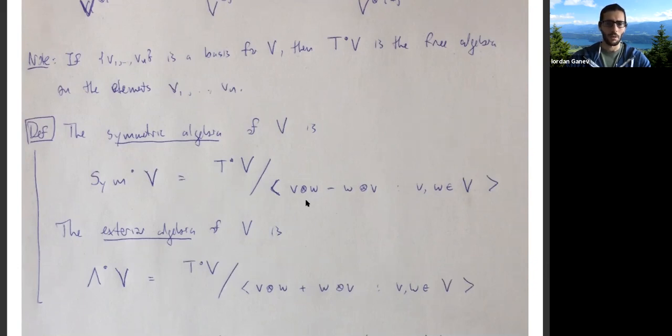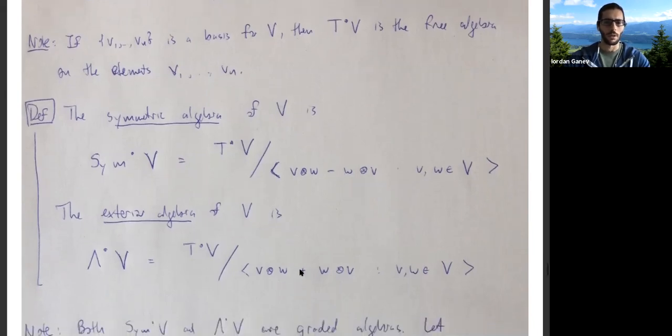This basically imposes the commutativity condition, and this quotient will be commutative. For the exterior power, we do something similar, except we take plus, and then we'll have this anti-commutativity. When things commute, we get a minus sign popping out.